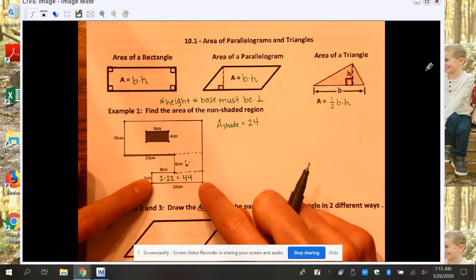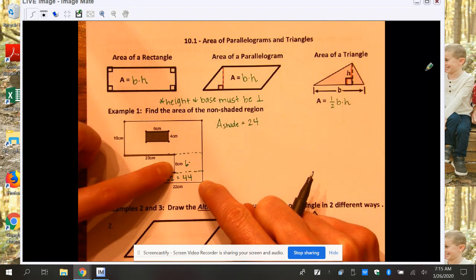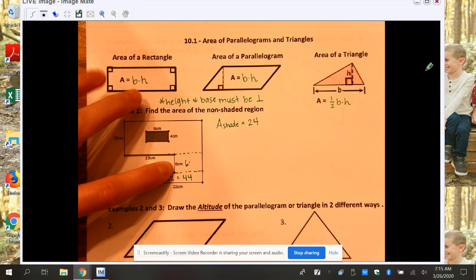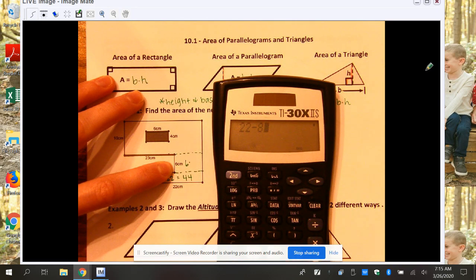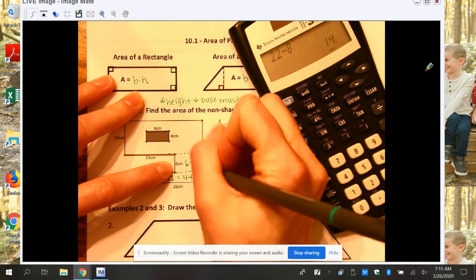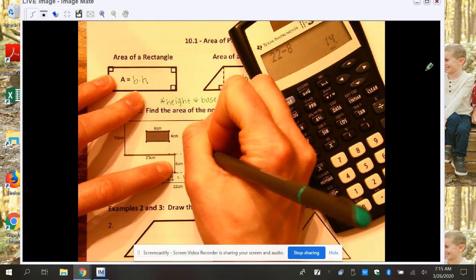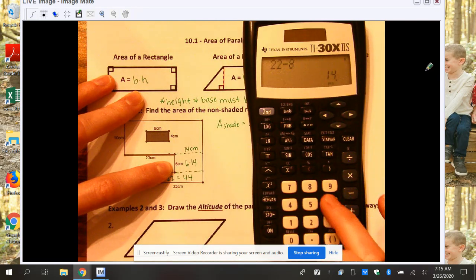So I know that that whole side is 22, and then I know from here to here is 8, so that means that if I take 22 minus 8, I'm going to get 14. So that's going to be that top and bottom part. And so 6 times 14 would give me 84.